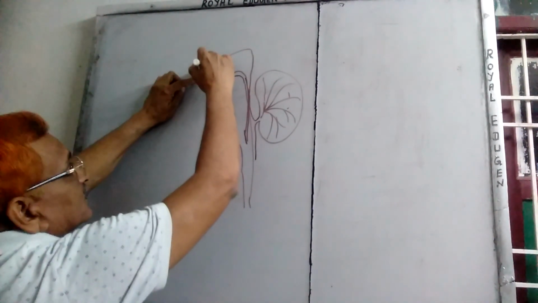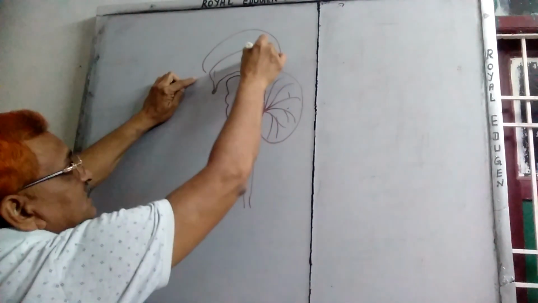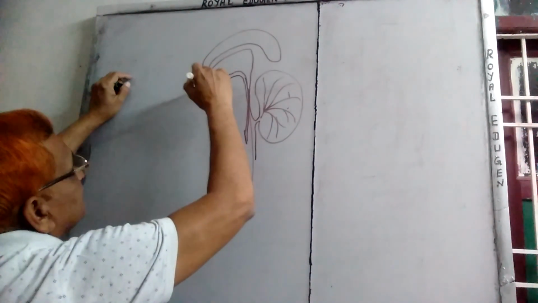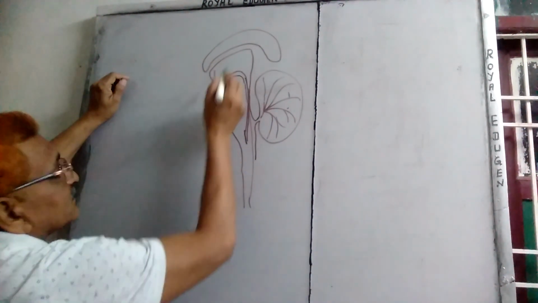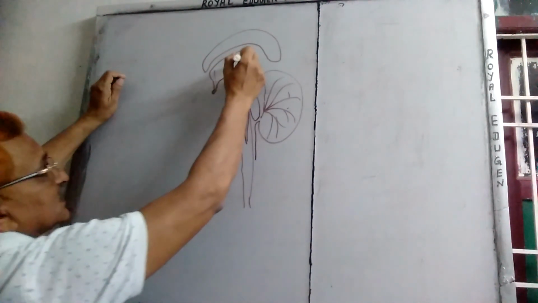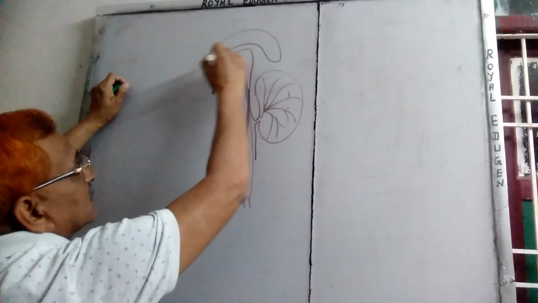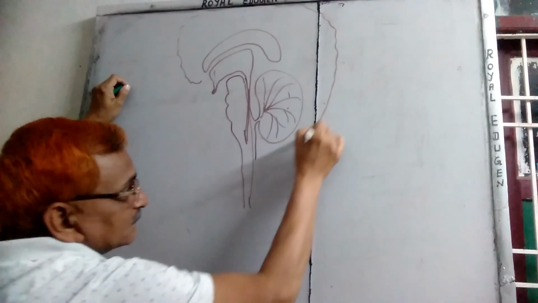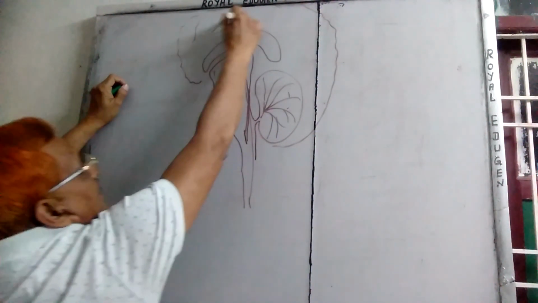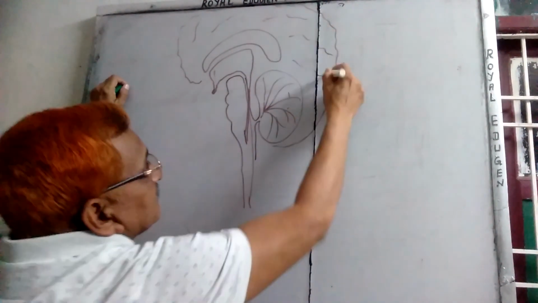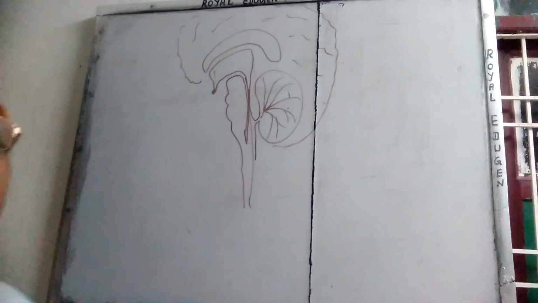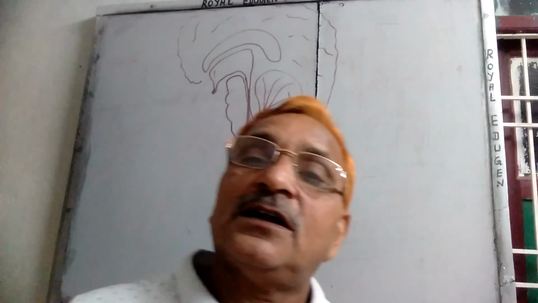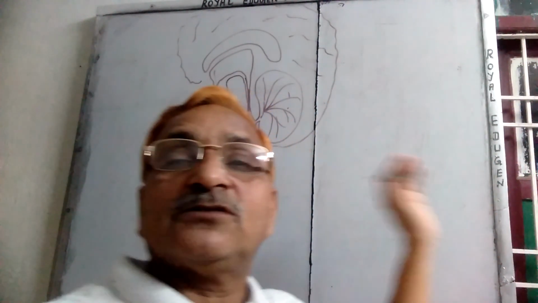Then a pumpkin-like structure you can draw here, and then make it. How much time does it take to draw the diagram? It is very simple, I can easily draw.